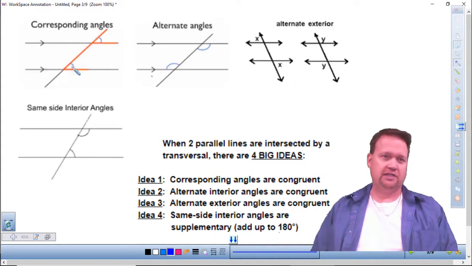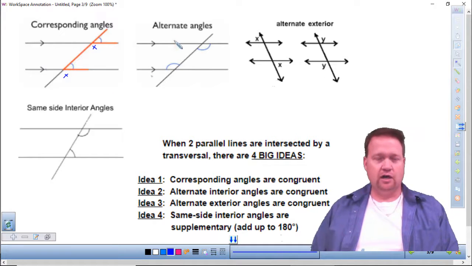So for example, this angle down here is on the top of this line, and this angle right here is on the top of this line, and they're both on the right side of the transversal. Another example of corresponding angles might be this angle here and this angle here, because they're both on the bottom of their line. And you can see that they're essentially in the same place on their own parallel line. So they correspond to each other.